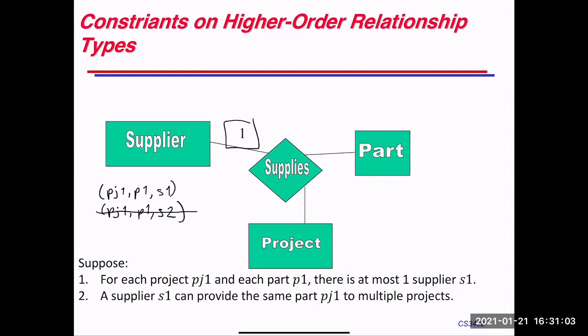So let's look at the second requirement that we have, so that we can determine the other cardinalities here. So let's also assume that a supplier S1 can provide the same part P1 to multiple projects. So now we're fixing the supplier and the part.